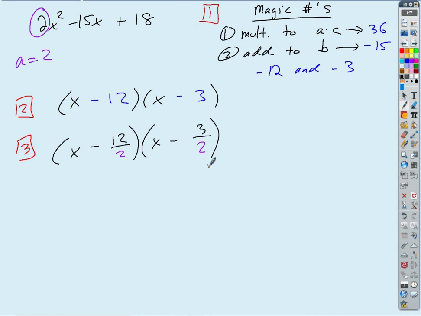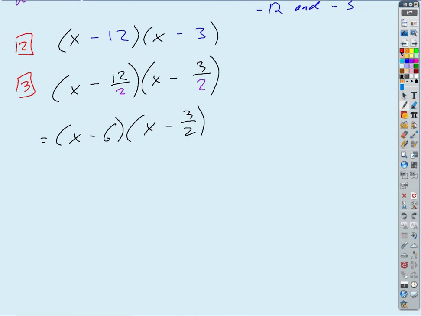Okay, and then I can reduce that, right? So that's going to become what? x minus 6 times x minus 3 over 2. Okay? And then finally, the last step in bottoms up is if you're left with any denominators, all remaining denominators go bottoms up.